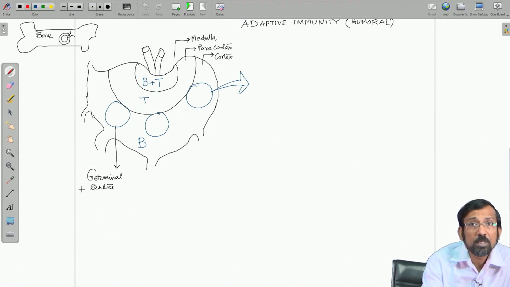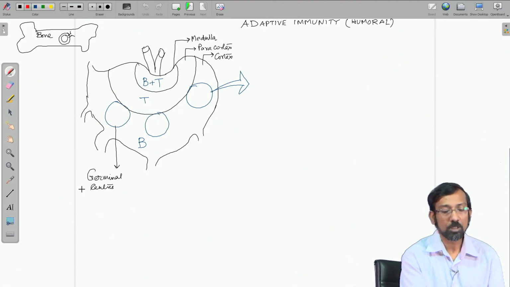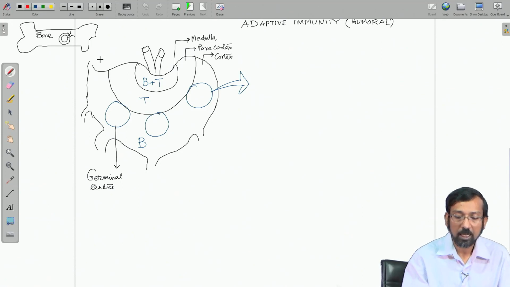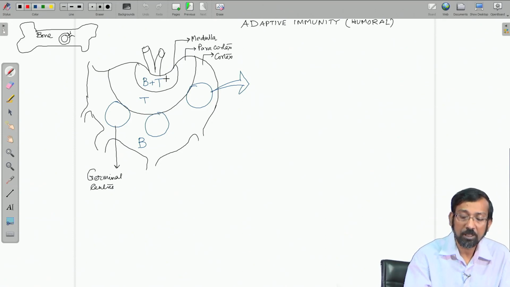Now these mature B cells come to this lymph node. As I told, there are three distinct sections of the lymph node: the medulla, the paracortex and the cortex. The medulla hosts both the B cells as well as the T cells.